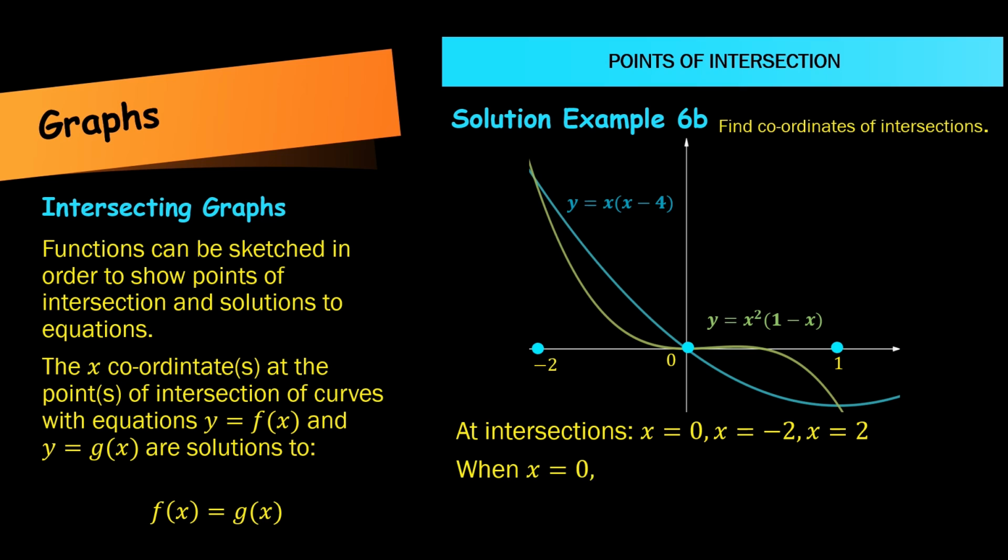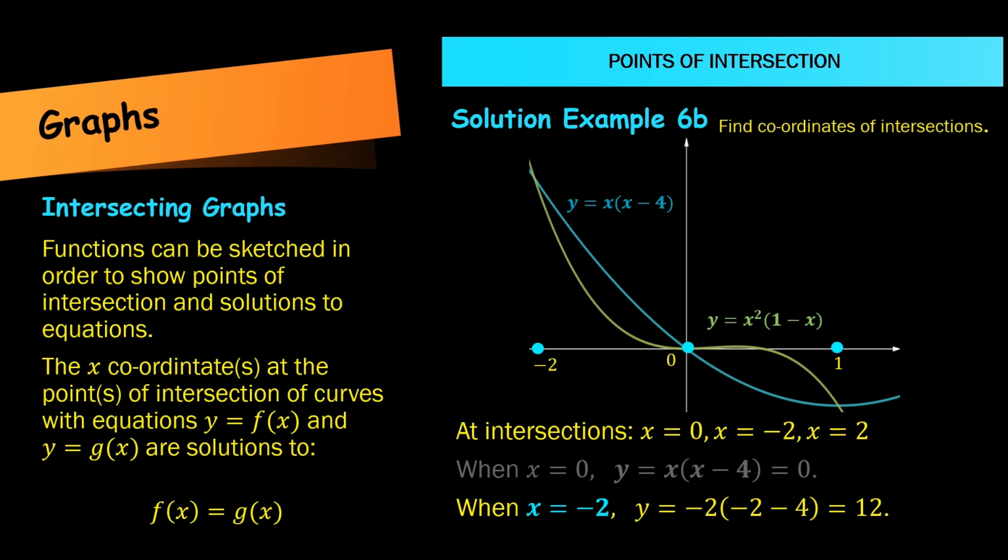Now when x equals 0, we have that y equals x times x minus 4 equals 0. And when x equals minus 2, we have that y is equal to 12. We've simply substituted in one of the equations.